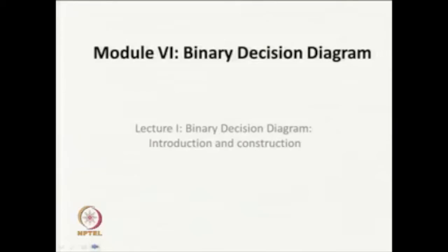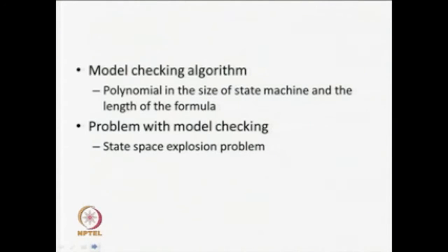Again, when we discussed this model checking algorithm, we found that we have a polynomial time algorithm to do the CTL model checking, which is polynomial in the size of our Kripke structure. This is basically polynomial in the size of the graph state space that we give it, and also polynomial in the length of our given formula.